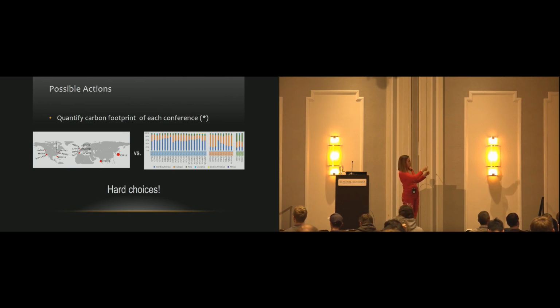And the blue bars show the percentage of the attendees that were from North America versus from Europe versus from Asia. And the group in the middle are the conferences that were in Europe, and you see that the orange bar grew.